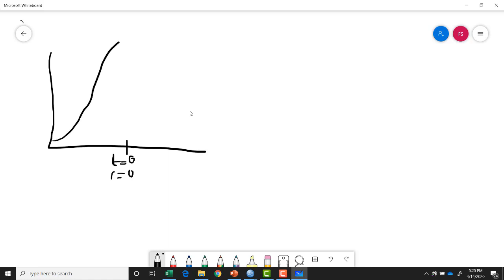So we have t equals 0, which is equivalent, in your sample, to your r being equal to 0. And let's just have my null hypothesis here. My null hypothesis is that my correlation is 0.